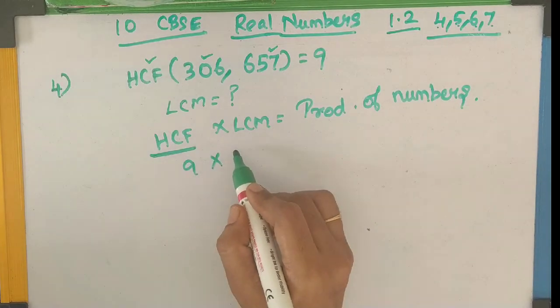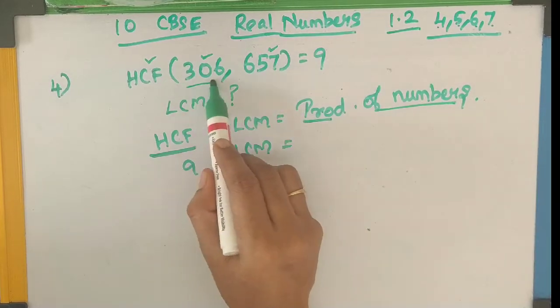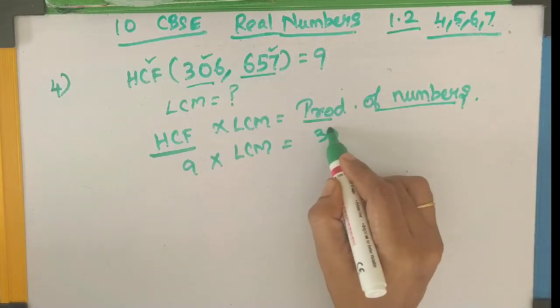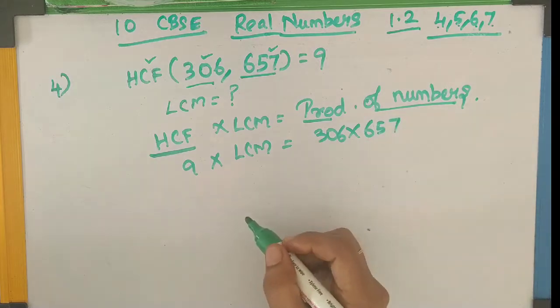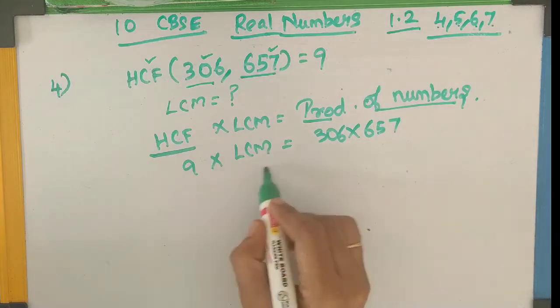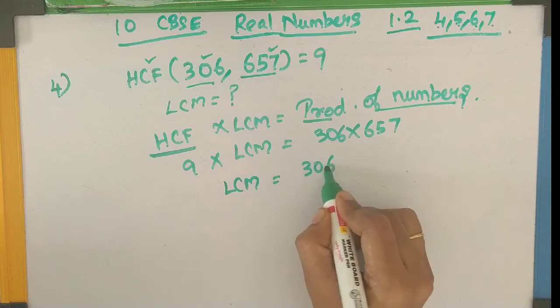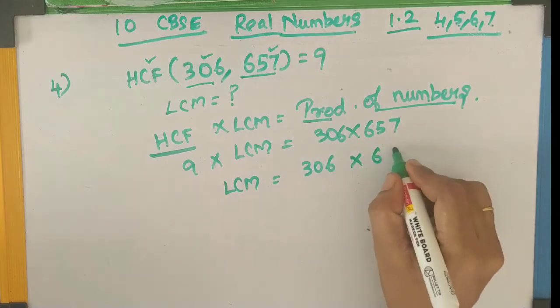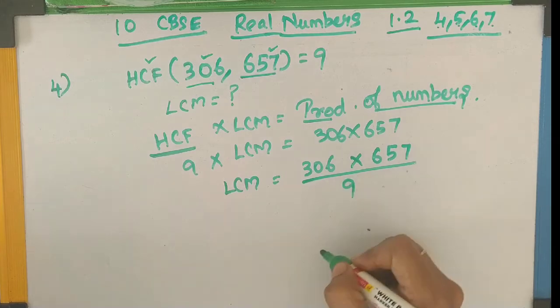Okay. Now, in the place of HCF, we substitute 9, and in the place of the product of numbers, we substitute 306 into 657. Here, we keep the LCM to one side and bring 9 to the right hand side. So, the 9 comes to the denominator when it crosses the side.